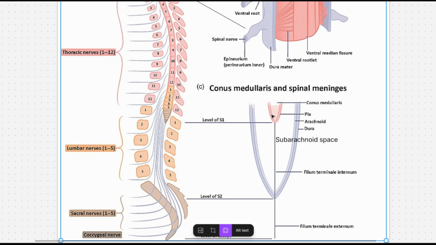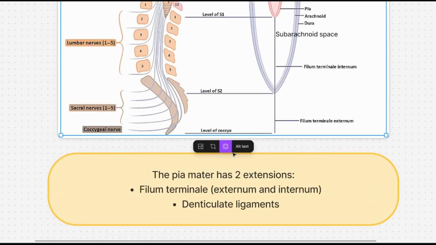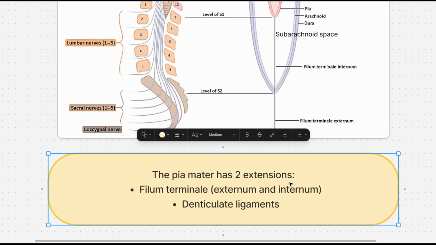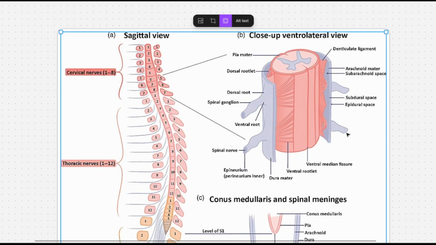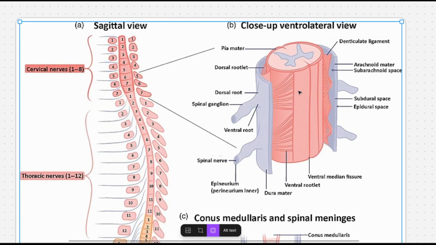Now there's an interesting fact about the pia, that it has extensions. So it has two extensions. First we have the filum terminale, and we have denticulate ligaments. So right here you can see the denticulate ligaments, which are basically extensions from the pia mater, and they anchor the spinal cord to the vertebral canal, basically.